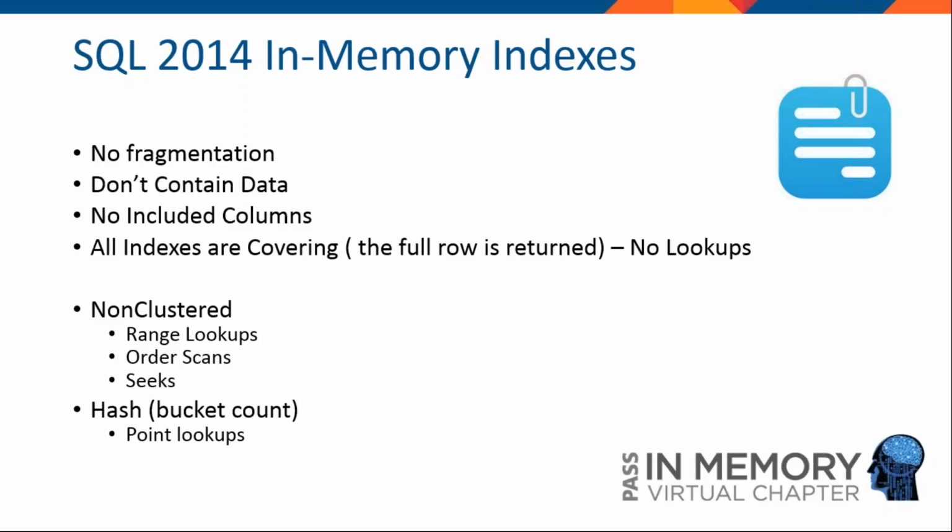The thing about the hash indexes is that they come with a bucket count. When you define your index, you need to specify an estimate of how many rows you think that index is going to contain, and that's what we call the bucket count. So if you estimate that you're going to have 1,000,000 rows, then that's going to be your bucket count, 1,000,000.